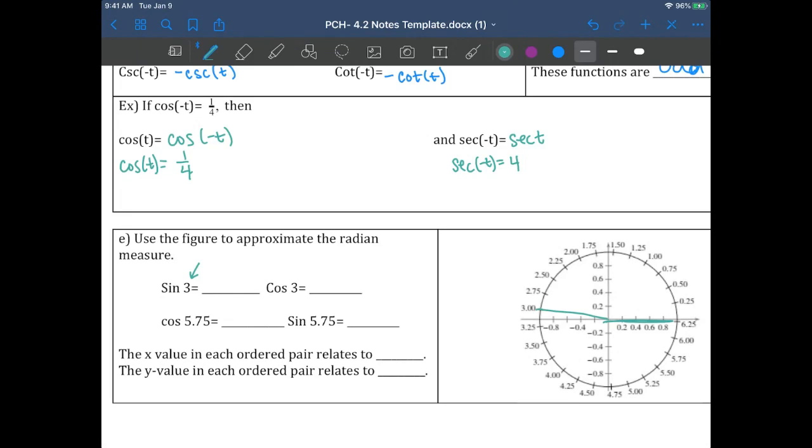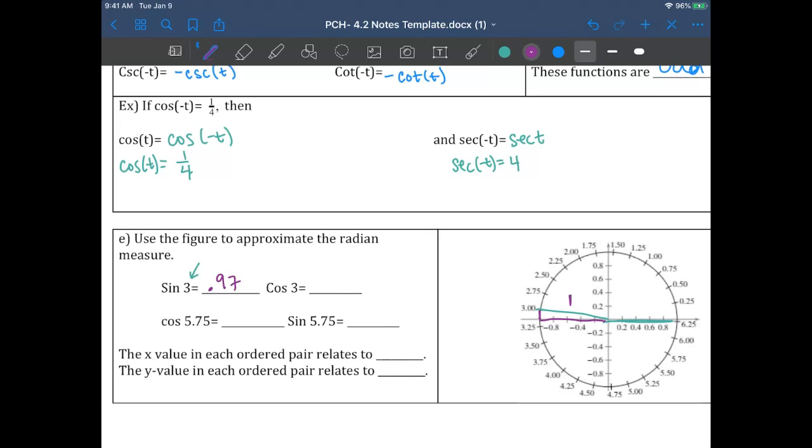Okay, so how far is sine x or y on the unit circle? It looks like our radius is equal to 1. So how far over and up are we moving? We're going to guesstimate. I moved almost all the way over to 1, so like 0.97 maybe.